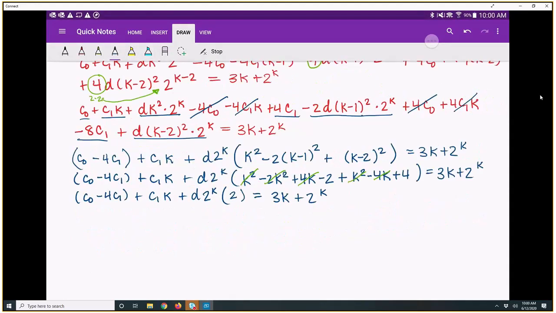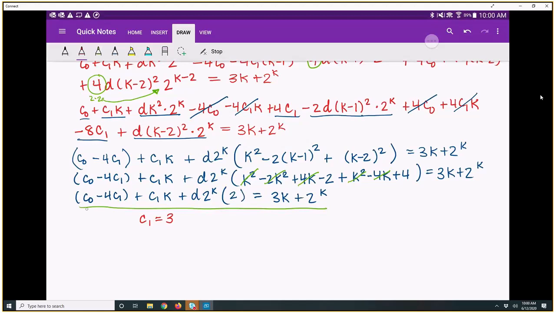Okay, so now I can see that in order for the two sides of this equation to be equal, I can compare the coefficients. So for example, the coefficient of k is 3, so that tells me right off the bat that c1 should equal 3. Then I have this term on the left side, c0 minus 4c1, and that doesn't show up on the right side at all, so that should be equal to 0.